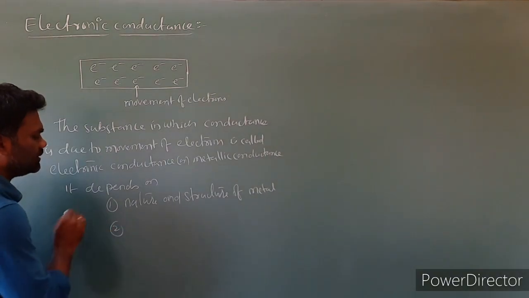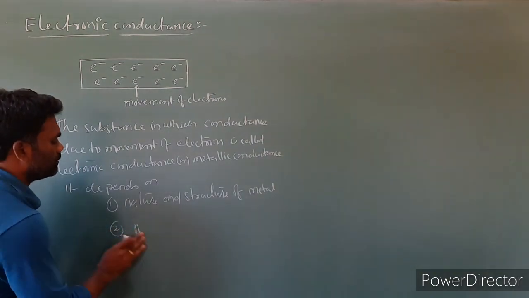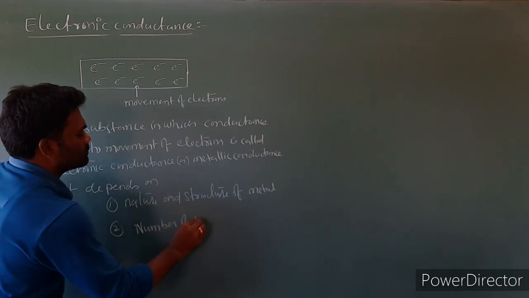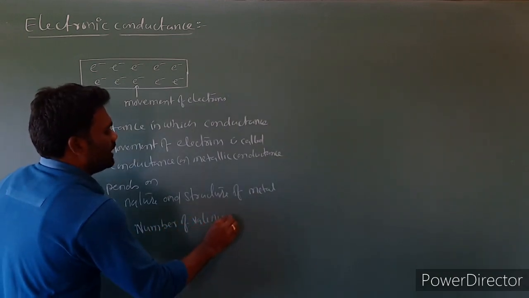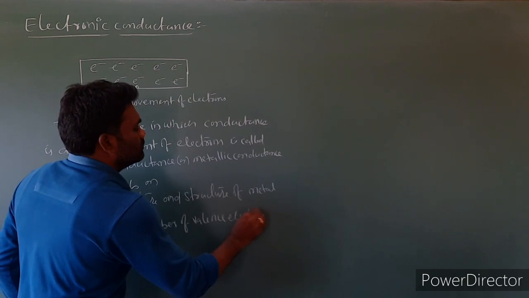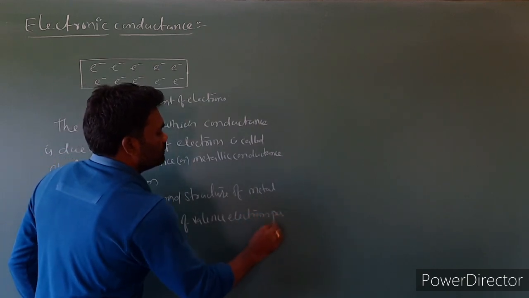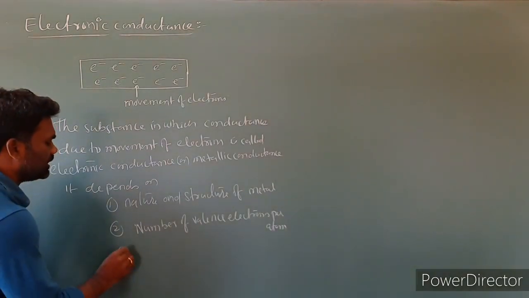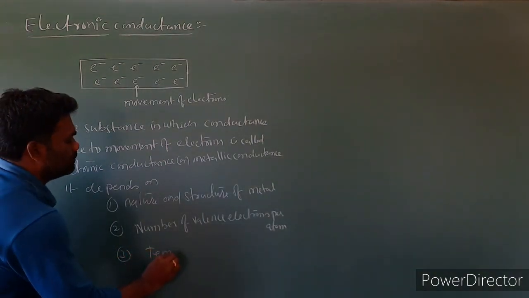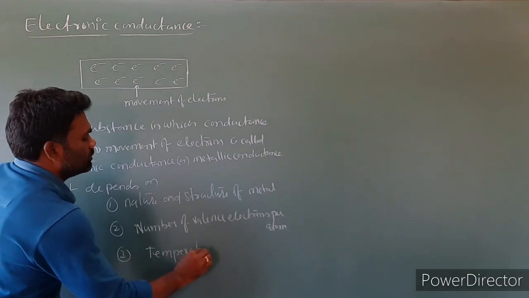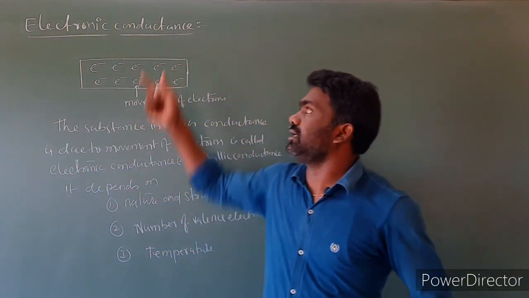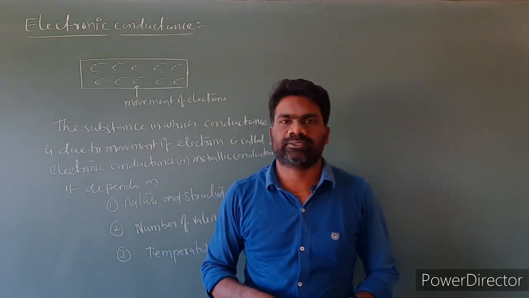The second: number of valence electrons per atom. The third: temperature. So this is the information regarding electronic conductance.